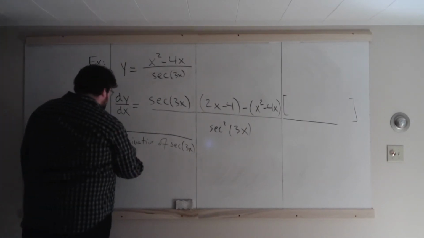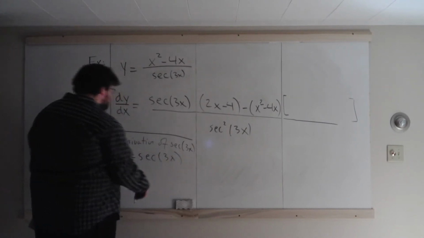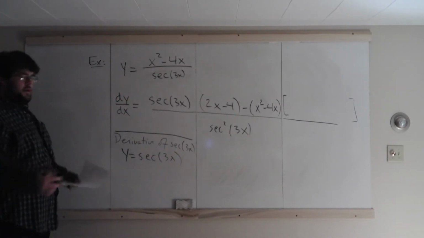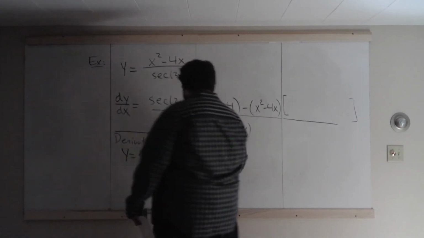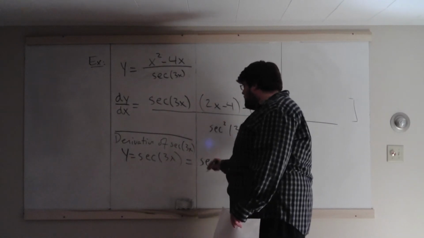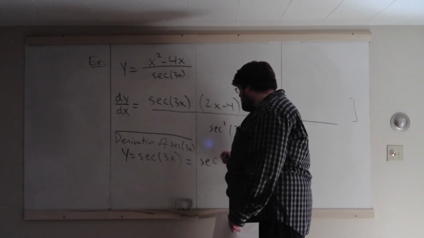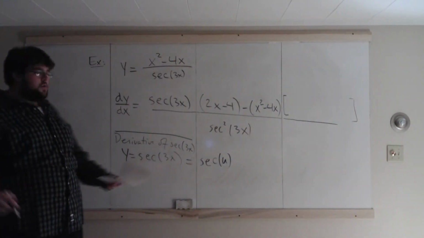Well, if y equals secant of 3x, how do we take that derivative? We know how to take derivative of secant. The derivative of secant is given by secant tangent. But there's a 3x there. So let's write that 3x as u.